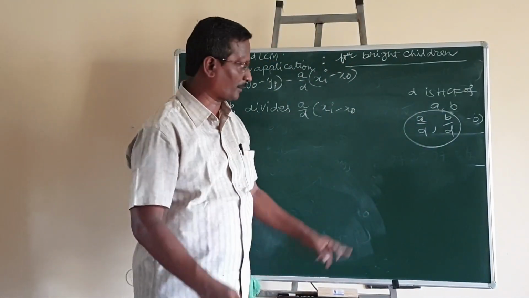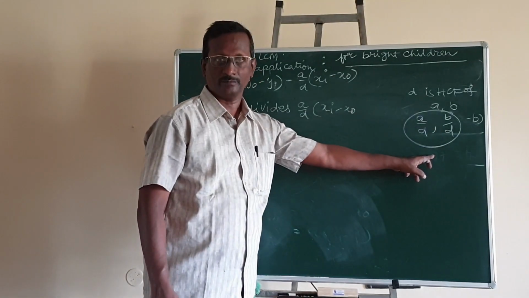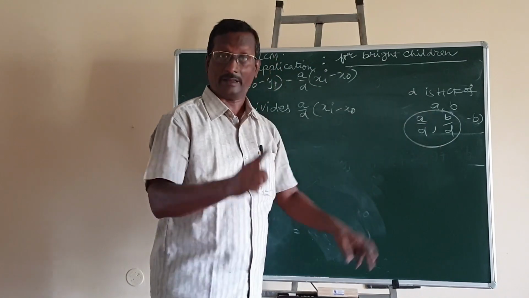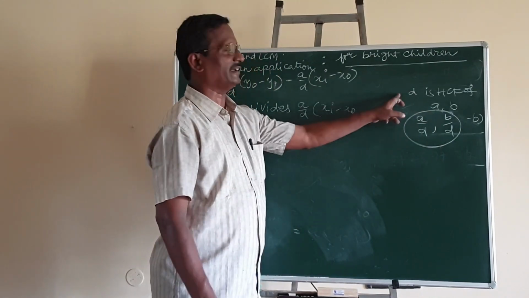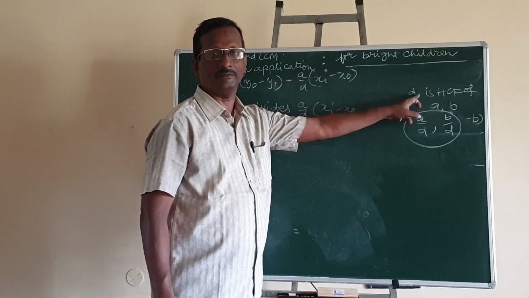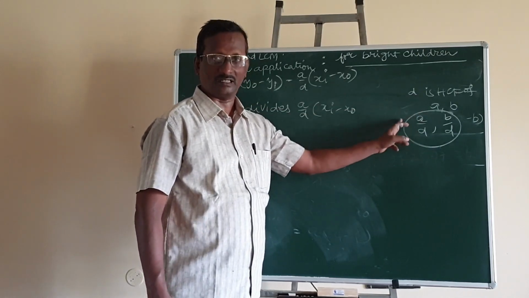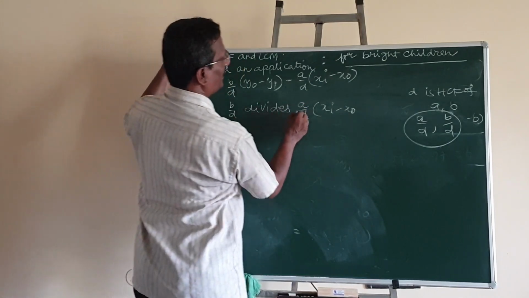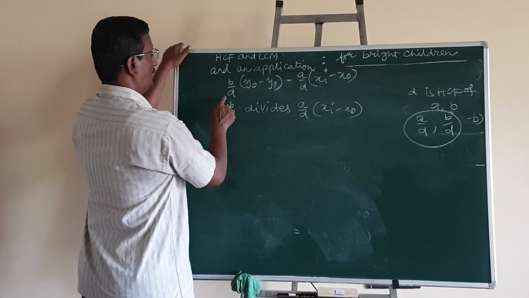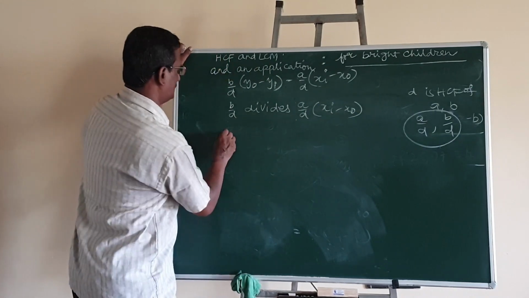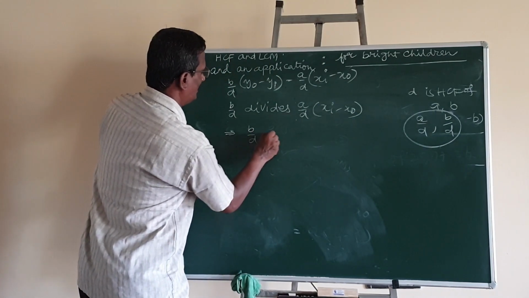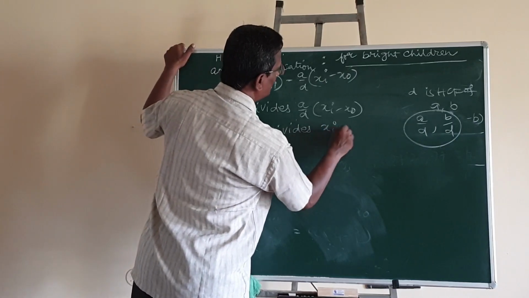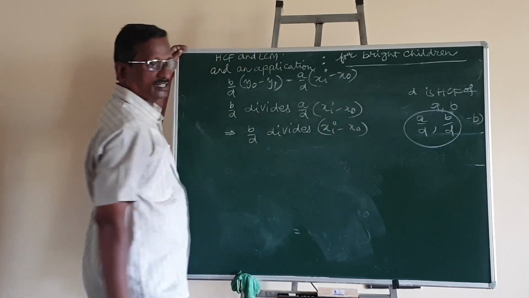There should be no common factor between a by d and b by d. Suppose if there is a common factor between a by d and b by d, d cannot be the HCF. Since d is the HCF, on dividing both the numbers we get a by d and b by d are co-primes. Here b by d divides a by d into xi minus x0, and b by d, a by d are co-primes. This implies b by d divides xi minus x0. This we need to understand.